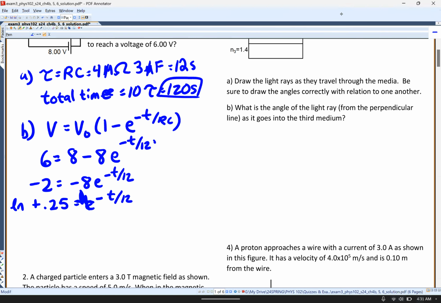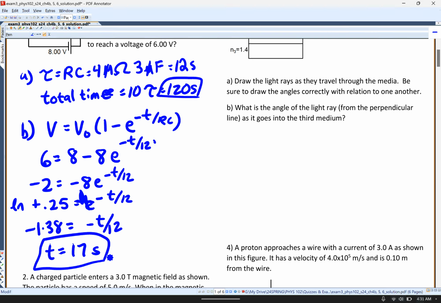Sorry about that, my calculator didn't have that. Let's see, so it's minus 1.38 is equal to negative t over 12. And then to find t, I just multiply that times 12, and I get 16 or 17 seconds. T is equal to 17 seconds.